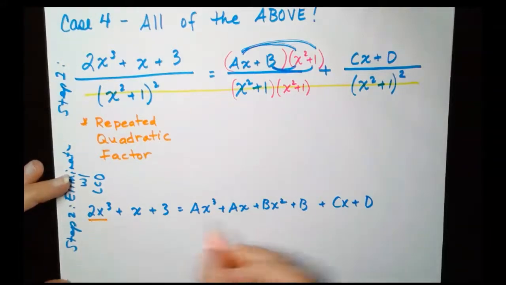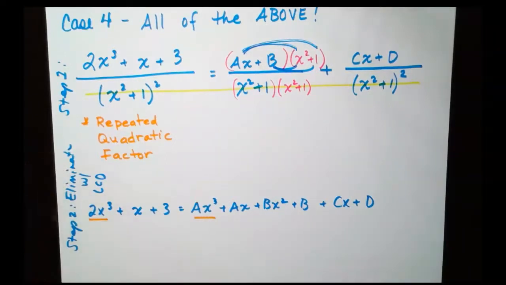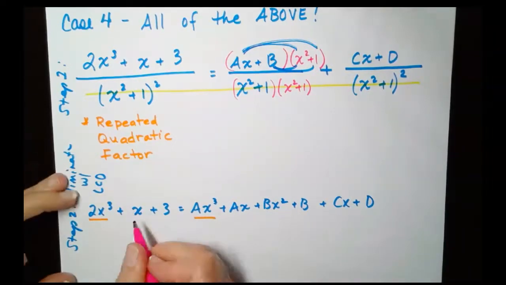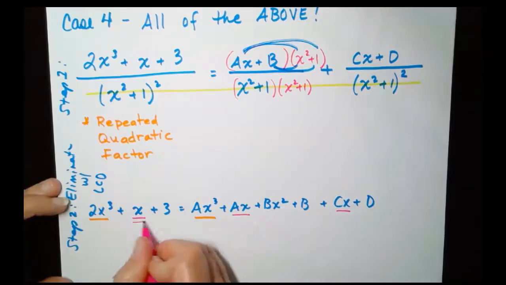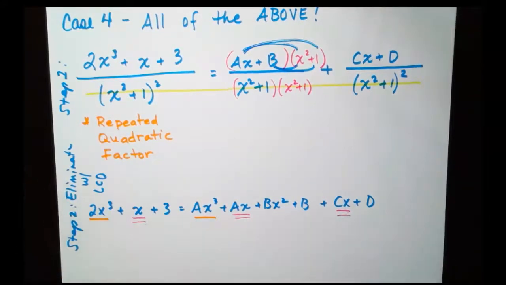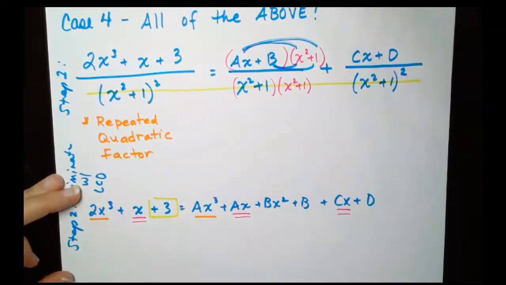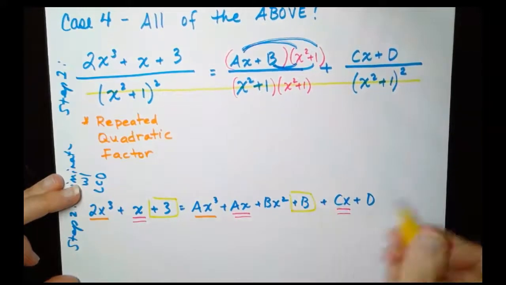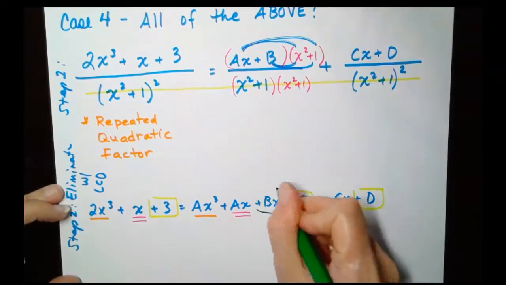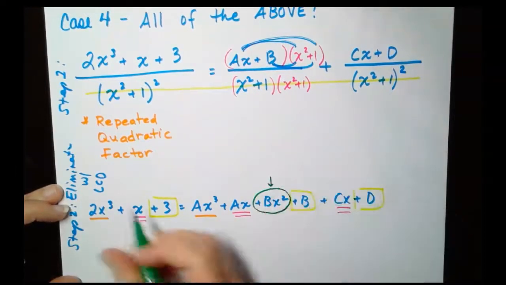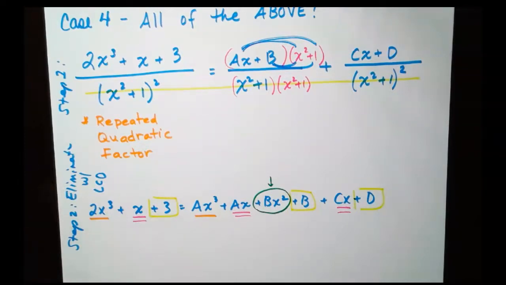So x³, then we have an x and an x. I'll give them a double underline. Then we have a constant, and a constant, and a constant, which means the x² term is missing, just like we know, so we are going to put that in as a ghost term over here.